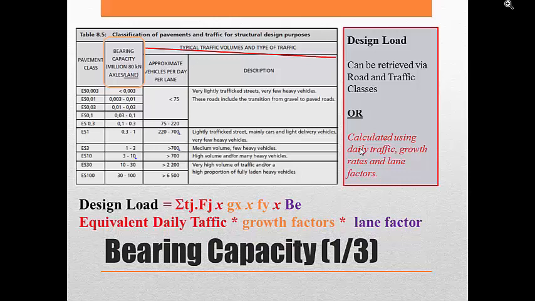Now, the detailed computation is illuminated somewhat here. There are 2 factors which are considered for growth rate, and the average daily traffic can be given or can be calculated from an axle counter. The lane factor is typically given as 1 for educational purposes.